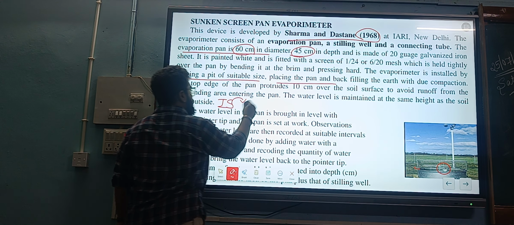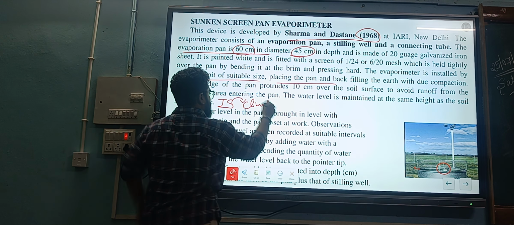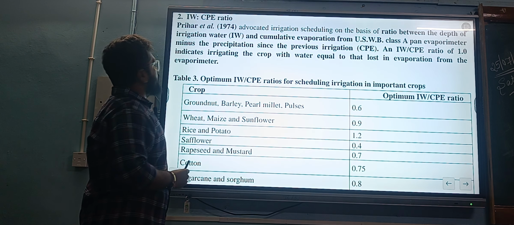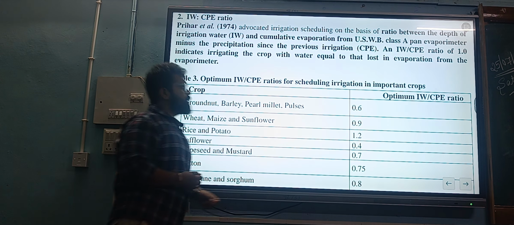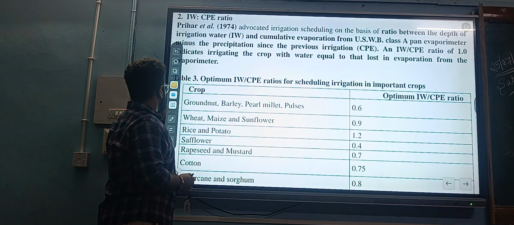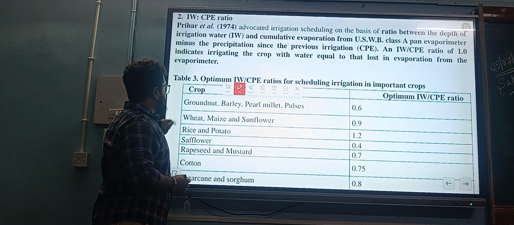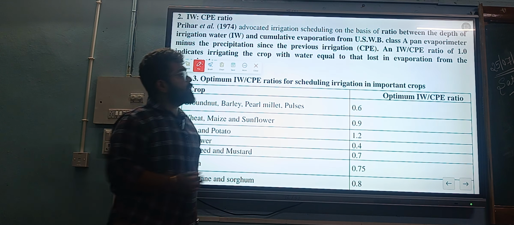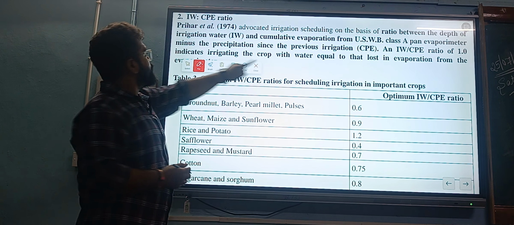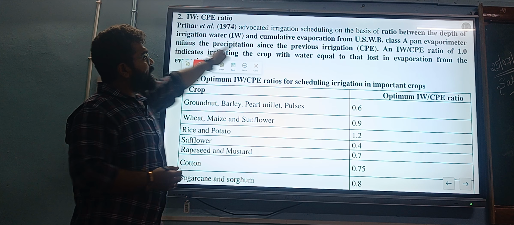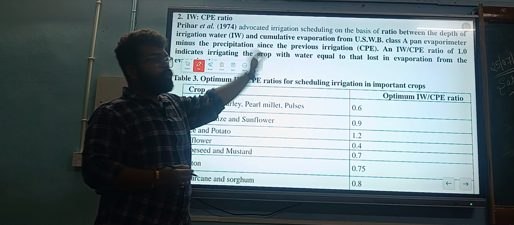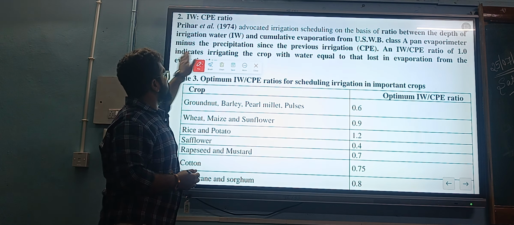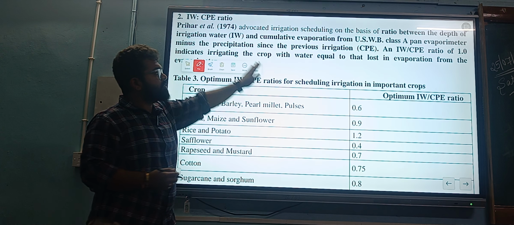This is under the climatological approach. The next method under the climatological approach is the IW by CPE ratio method of irrigation scheduling. What is the IW by CPE ratio? It is the ratio between the depth of irrigation water and cumulative pan evaporation from the USWB class A open pan evaporator, minus the precipitation since the previous irrigation.